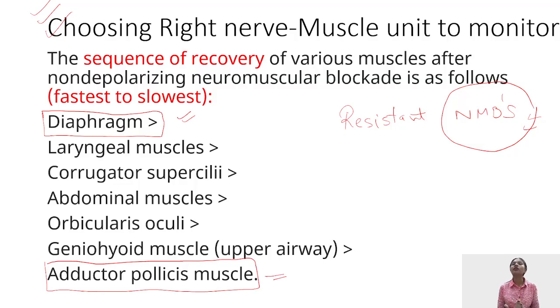So you can well imagine that if something sensitive that we are monitoring, like the adductor pollicis, has already started contracting, then it means that the things which are resistant to those blockers have actually recovered completely. Okay, if something sensitive has already left those blockers, then yes, something resistant has already recovered.